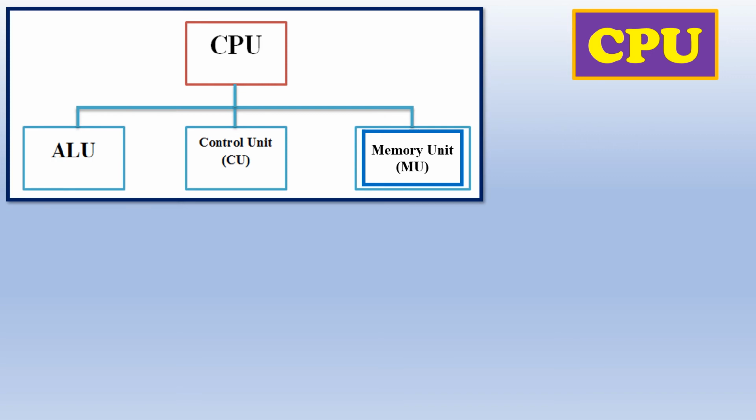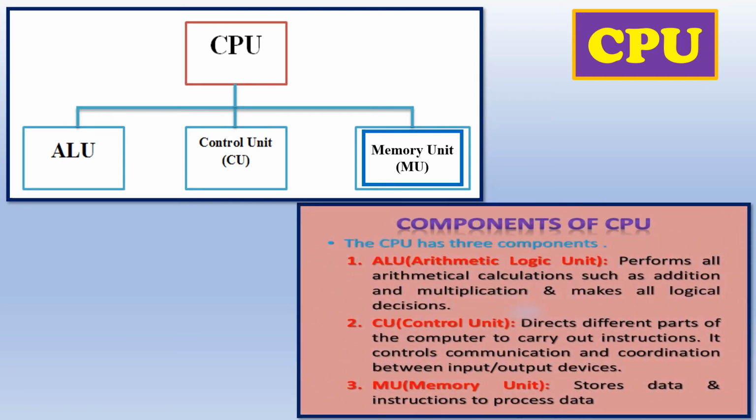CPU consists of three main parts. As you can see here, ALU, that is arithmetic and logical unit, CU, control unit, and MU, memory unit. Now, ALU, arithmetic logic unit, performs all the arithmetic calculations such as addition and multiplication, subtraction and division, and makes all the logical decisions also.